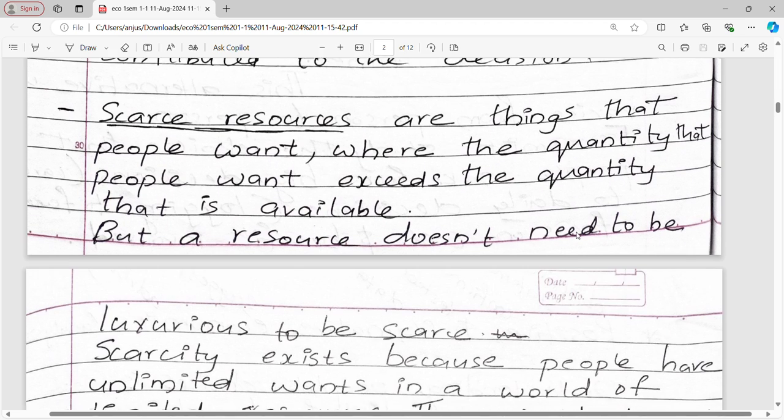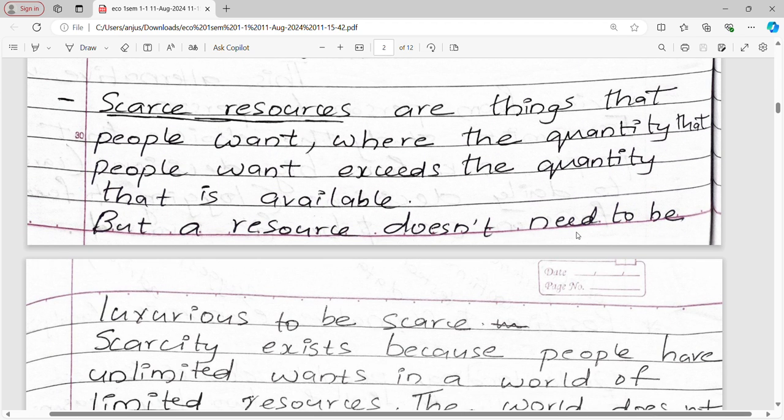Next is scarce resources. Those are things that people want where the quantity that people want exceeds the quantity that is available. Petroleum, okay, that is a resource which is getting depleted. Not depleted, but the quantity is getting decreased as the wants are getting exceeded.